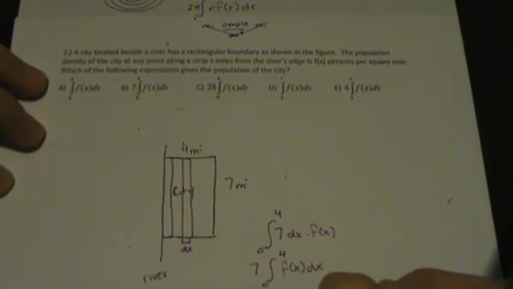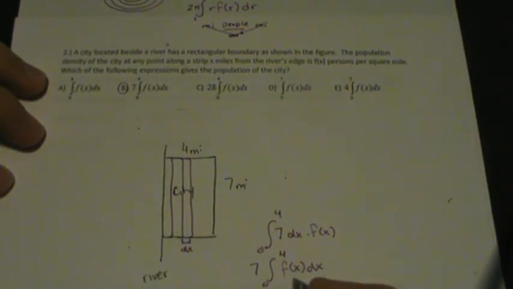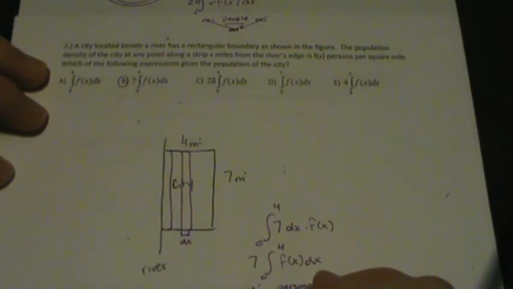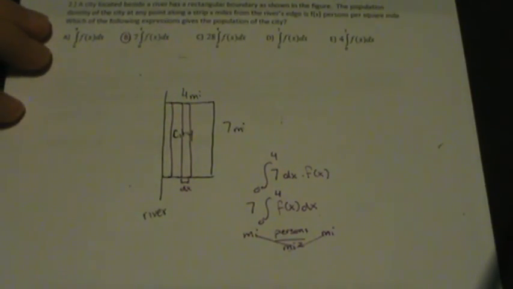If we look at our answer choices, our answer is going to be B. Again, we can also check our units of measure. We know the 7 is in miles. f of x is persons per square mile. And dx would also be in miles. Miles squared cancel, and we have persons, which is what we're looking for.